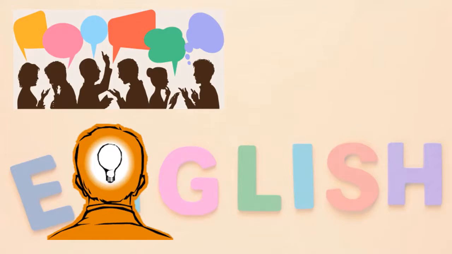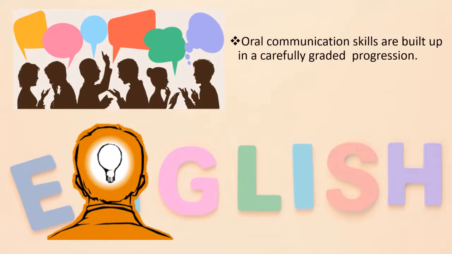Oral communication skills are built up in a carefully graded progression organized around question and answer exchanges between teachers and students in small or intensive classes. This method helps the students to think in English.